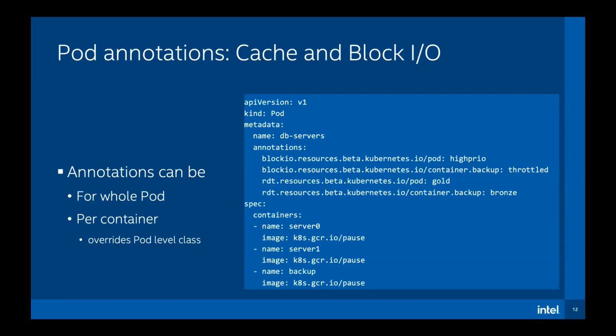So here you can see that the block.io default class for all containers in this pod would be high priority, and particularly for this backup container, the block.io class is throttled. And this also shows that you can configure RDT classes at the same time, of course.